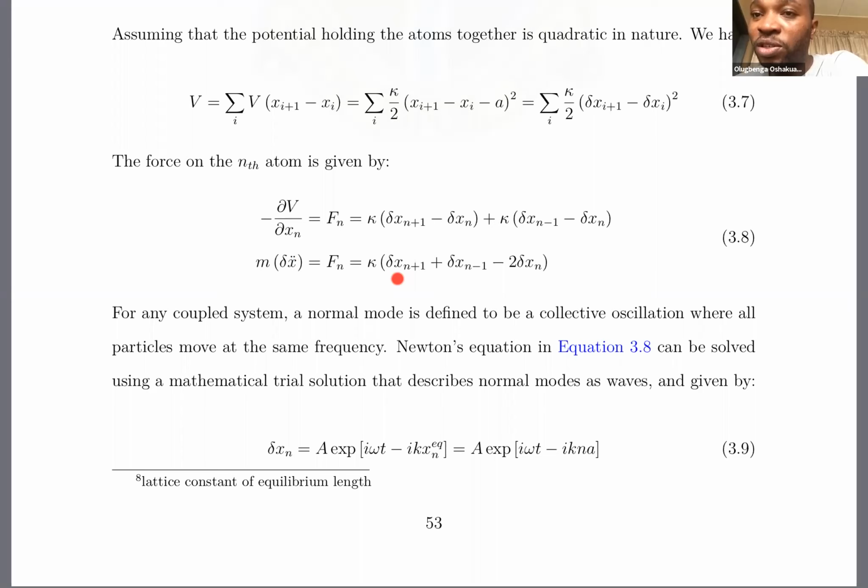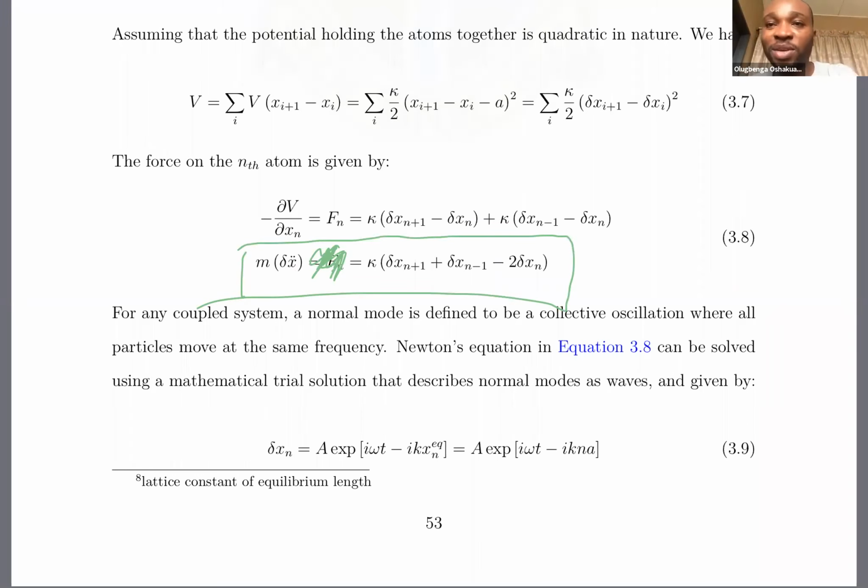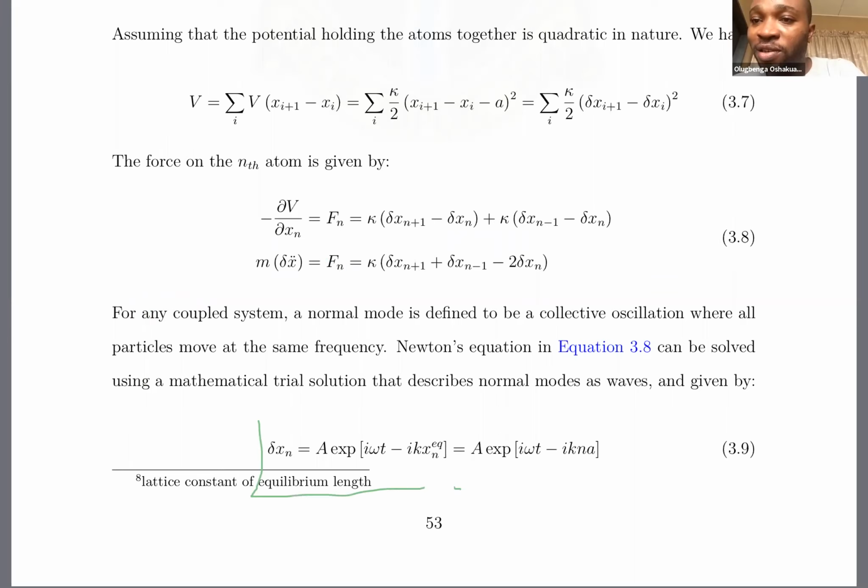Because we are interested in removing this F, we have a new expression and we are interested in having X, our delta X. The trial solution that is adopted is what I have in equation 9, with X equilibrium.